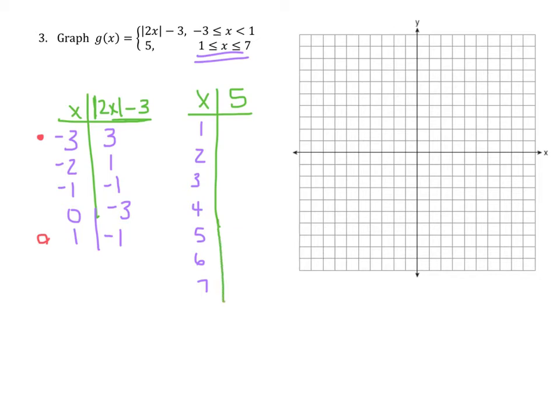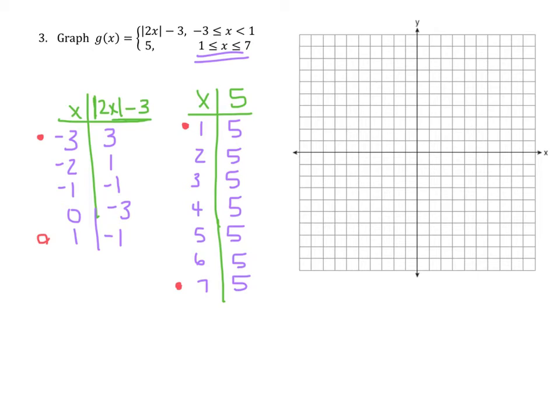You could just skip and do 1, 3, 5, 7, especially because we should recognize that all of your outputs are simply going to be, that's right, 5. Okay, so we're filling in 5s for all of these. And now if we think about open versus closed circles, when x is 1 with this interval, you can see we have a closed circle. And when x is 7, we also have a closed circle because 1 is less than or equal to x, which is less than or equal to 7.